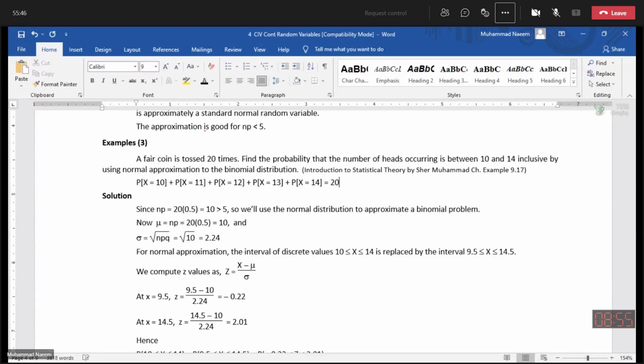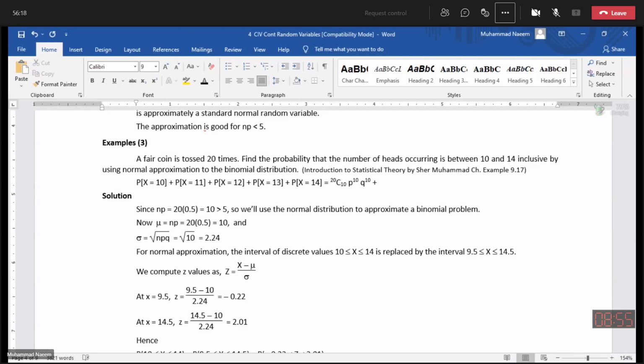We have the coefficient 20C10 and p power 10, further q power the number other than these 10. So this is the probability for x equal to 10.